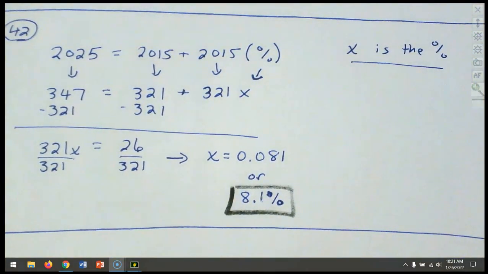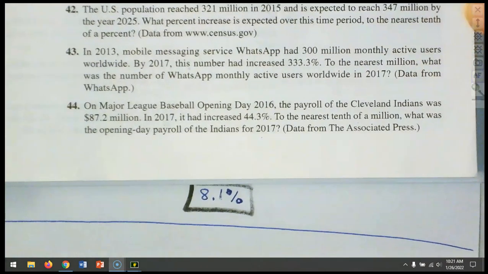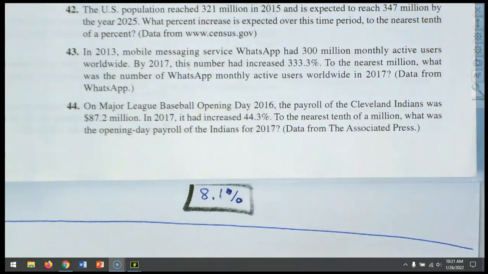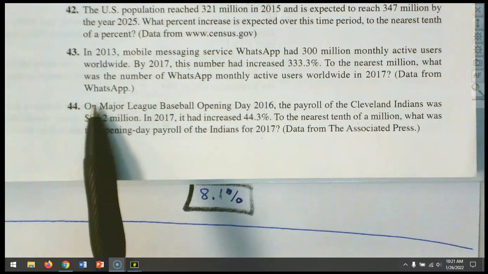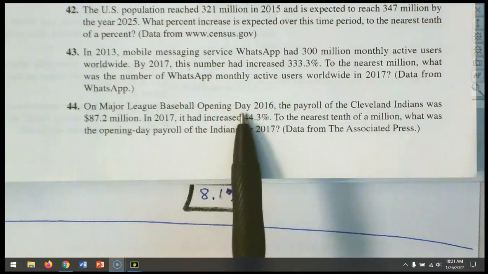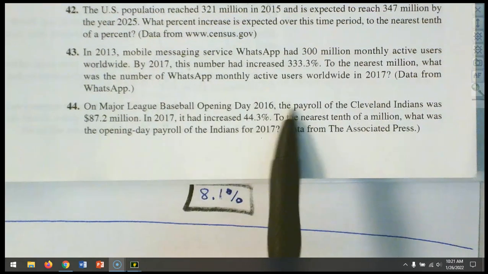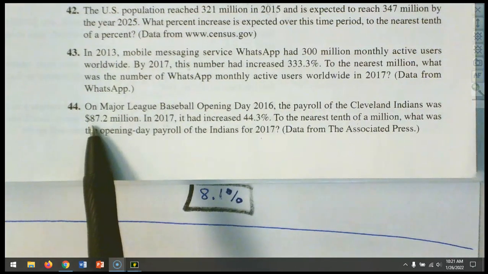Let's do another one of these. 44. On Major League Baseball opening day in 2016, the payroll for the Cleveland Indians was $87.2 million.